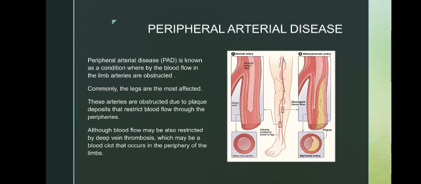Commonly, the lower limbs are most affected, and these arteries are obstructed due to plaque deposits of atherosclerosis, which reduce the blood supply. This is a gradual process. Sometimes it can happen suddenly when there is overlying thrombosis or embolus in the already narrowed arteries.